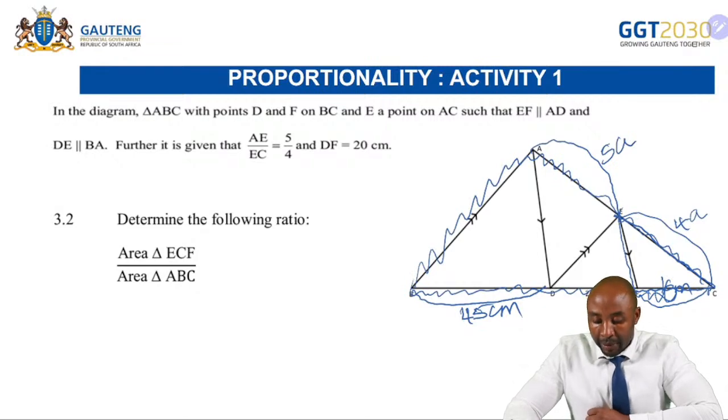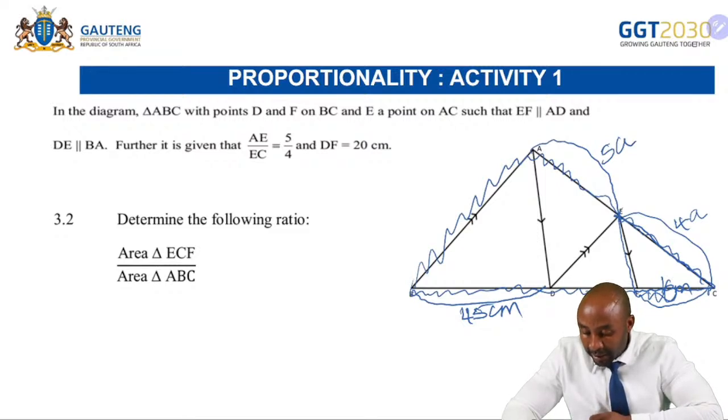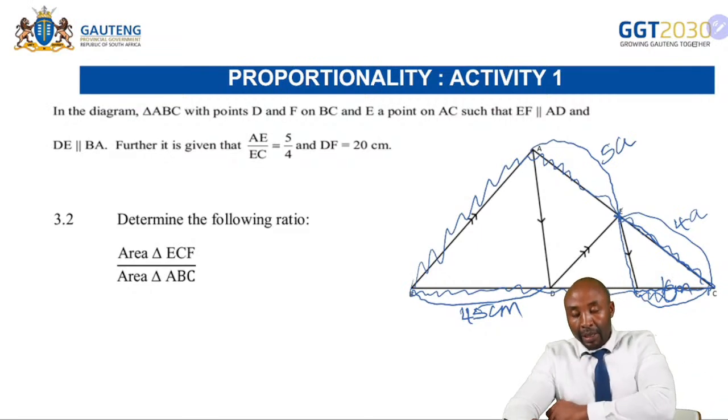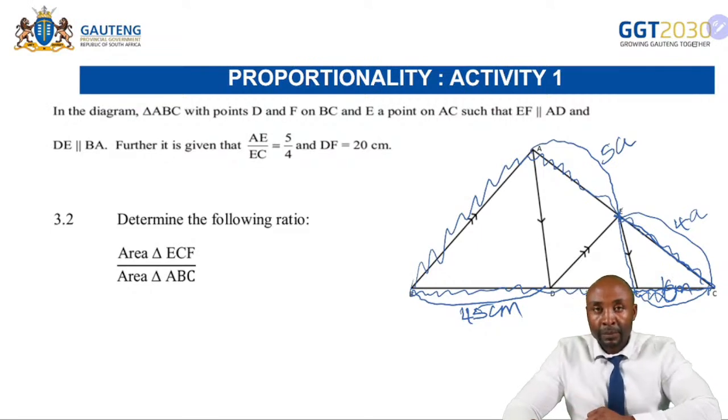Remember, we said whenever we are calculating areas, we should look for common vertices, or a common height. In this case, what is it that we are having? Yes, we are having a common vertex, which is angle C. So we are going to use the area rule.